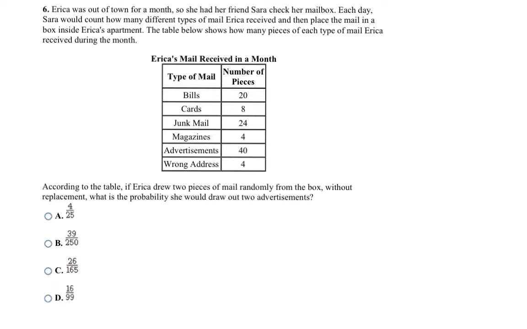So the key words here are without replacement. So she's looking for 2 advertisements. So her first draw, there's 40 advertisements in the pile. Out of how many? Well, this one here doesn't give us the total. But if you add 20 plus 8 plus 24 plus 4 plus 40 plus 4, you're going to get 100 pieces of mail.